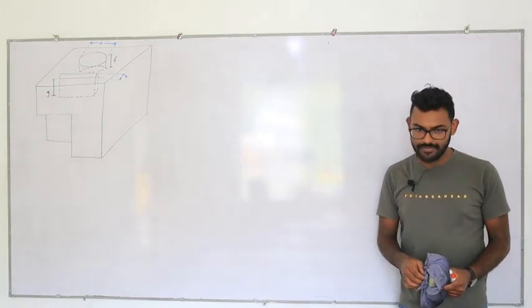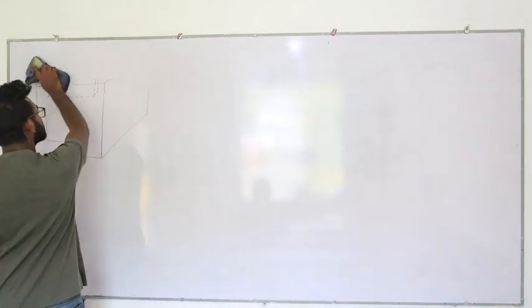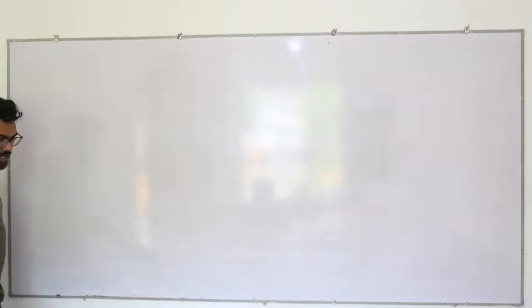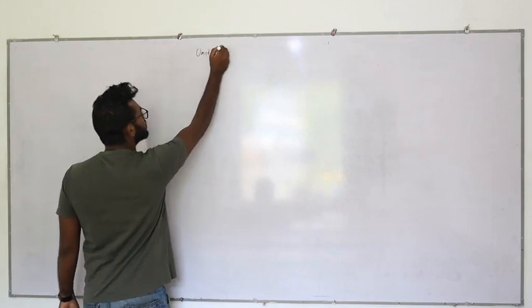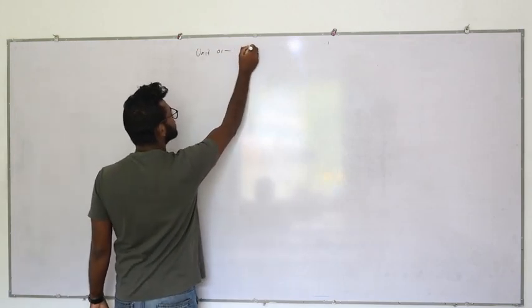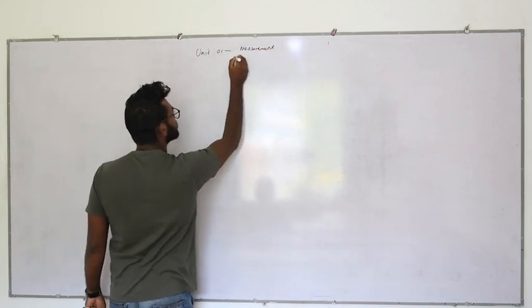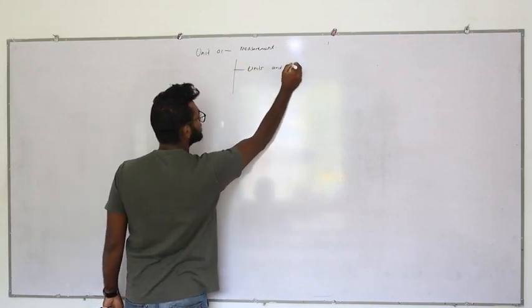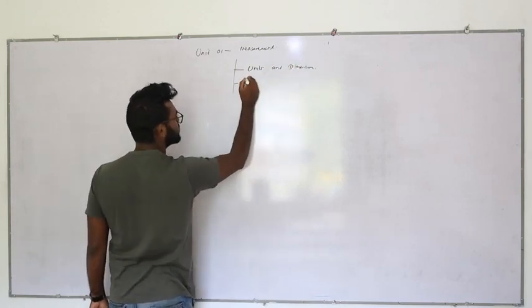vectors. Okay, so when it comes to units and measurement, the very first unit, there are two sections of it. The first one, which we have already finished up, unit 1 about measurements. Out of that we have considered the units and dimensions and measuring instruments.